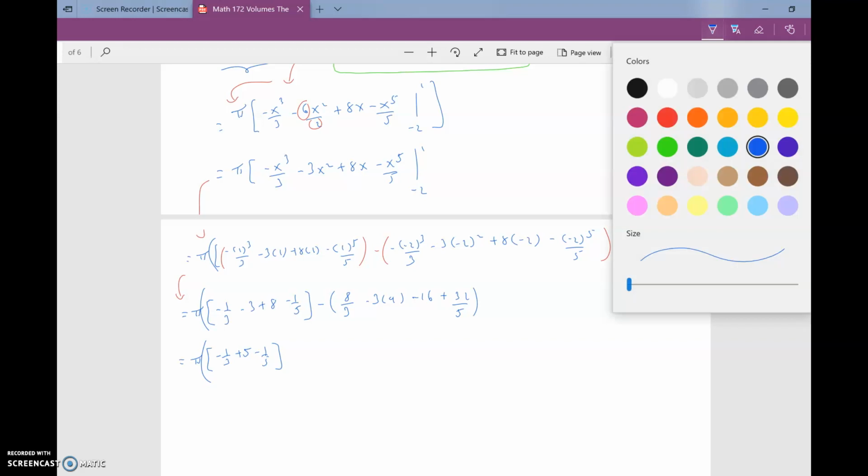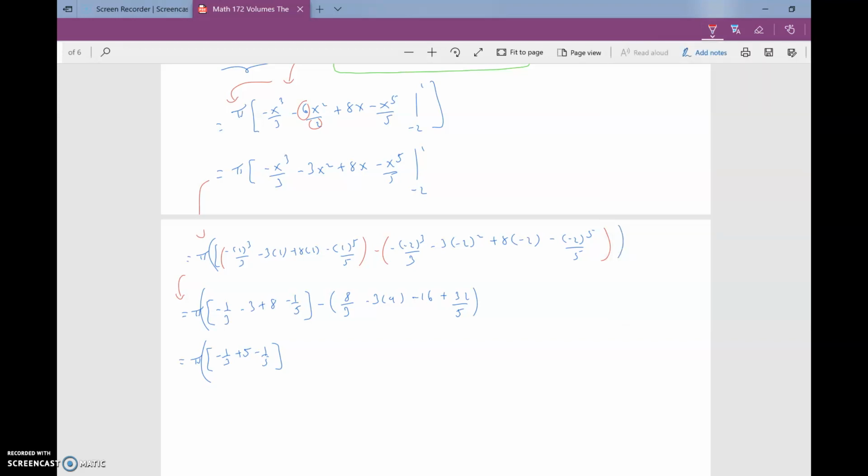Okay, so let me distribute the negative so we can start combining these with the resulting first value. So we're going to be distributing out, oh, and I could have combined those two. I'll do it on the next step.